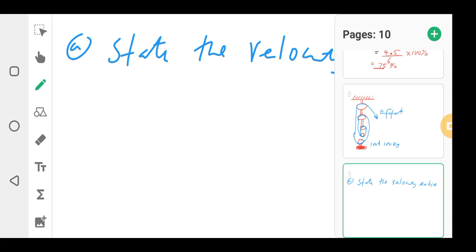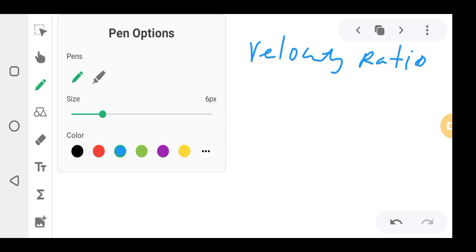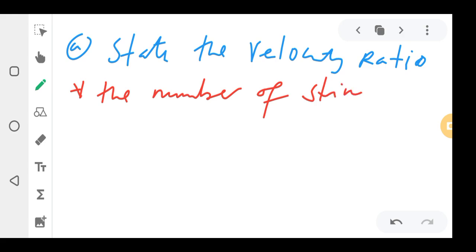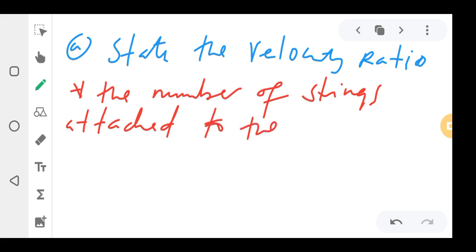Velocity ratio is the number of strings attached to the pulley. I've explained what that is. Velocity ratio is the number of strings attached to the what? To the pulley. I think I've explained this countless times.